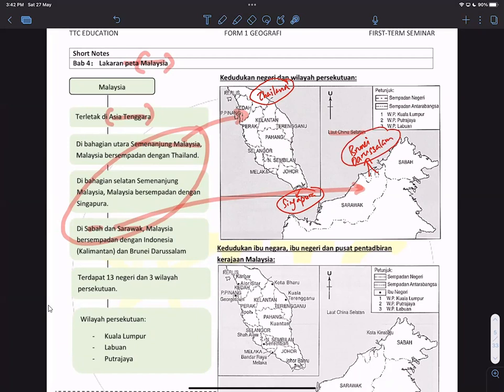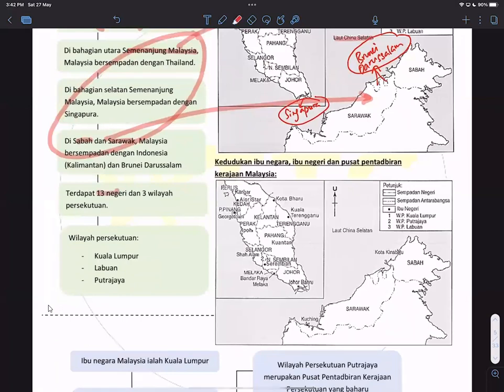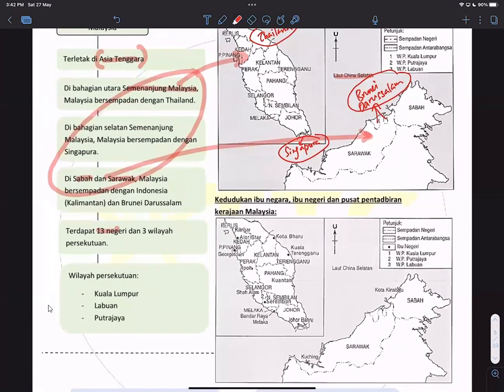Yeah, but supposedly the nearest ones are the Brunei and the Thailand, because for Singapore, we still have a strait, the Selat. Okay, so every state, 13 states, we have the Ibu Negeri. Yeah, so you guys can write down Negeri, we have Ibu Negeri. Yeah, so other than that, we have the Wilayah Persekutuan, which is Wilayah Persekutuan KL, Labuan, and then Putrajaya.